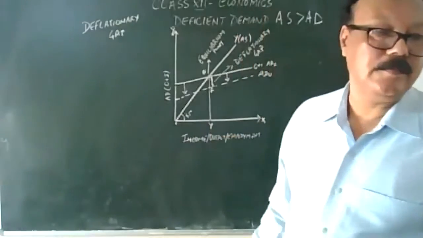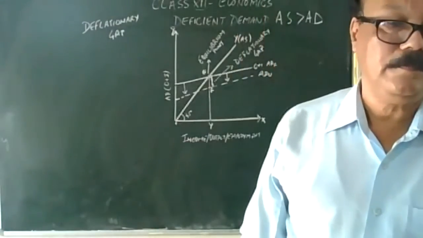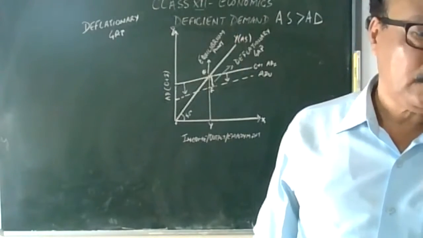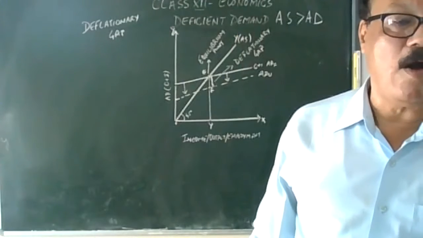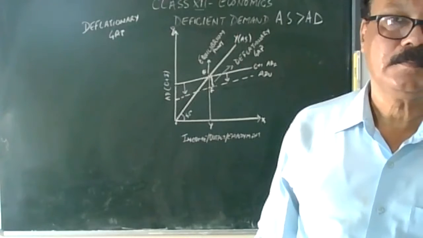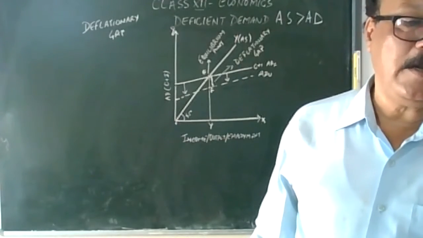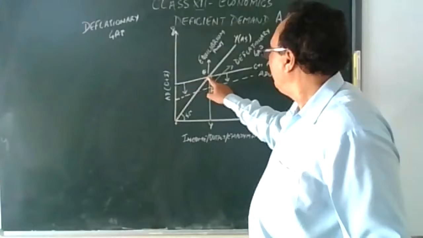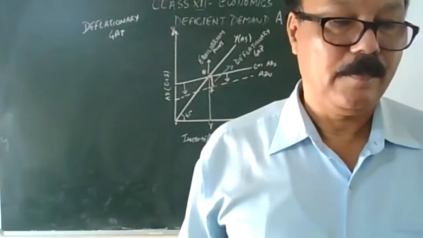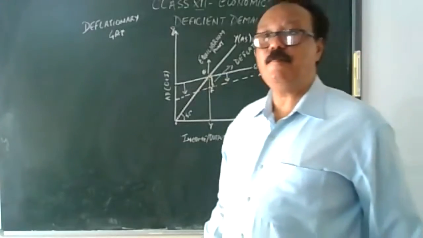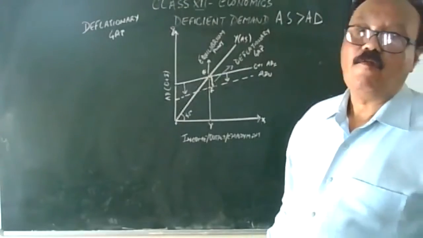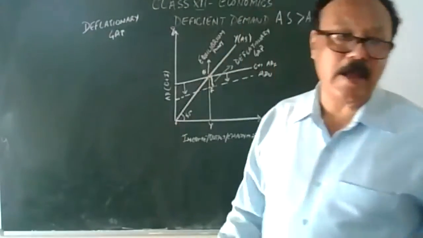OY is the full employment level of output and income, which is obtained at point E, where the AD curve cuts the 45-degree line, the income line.